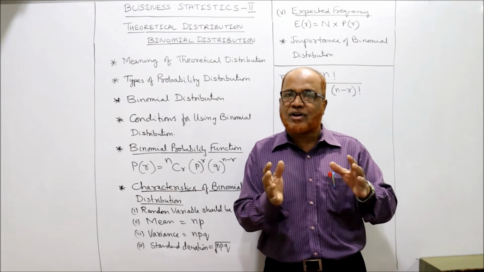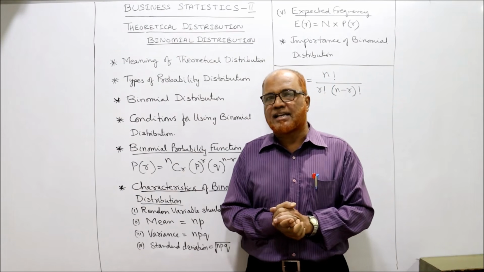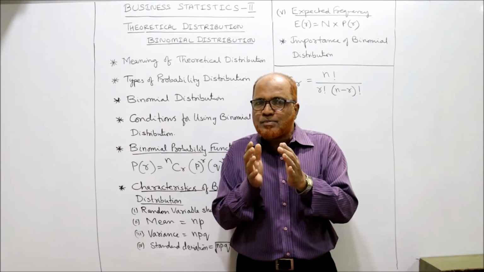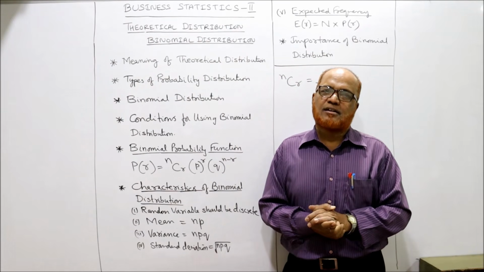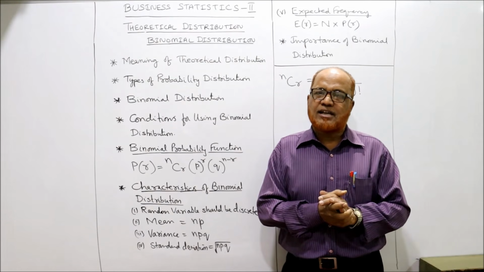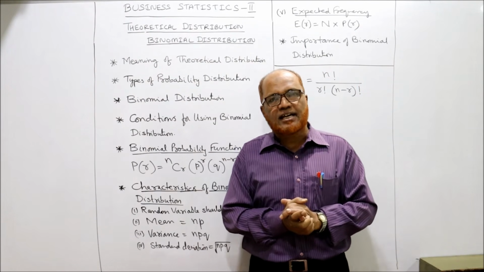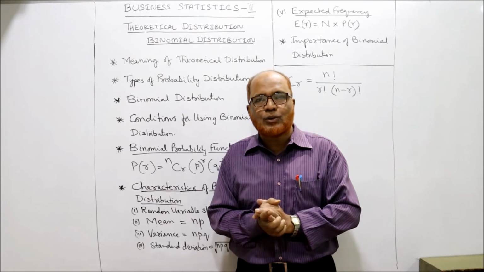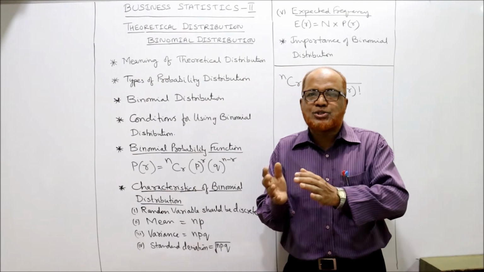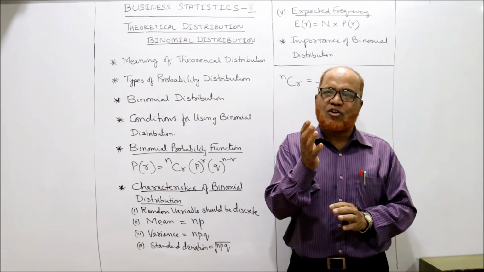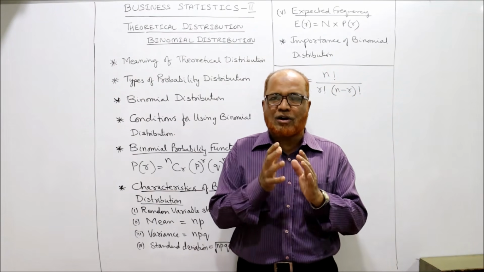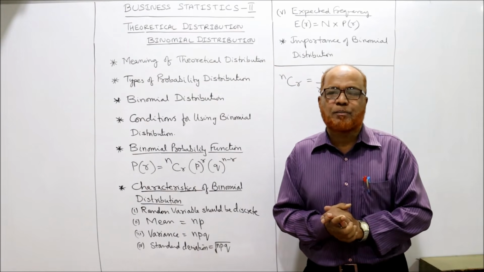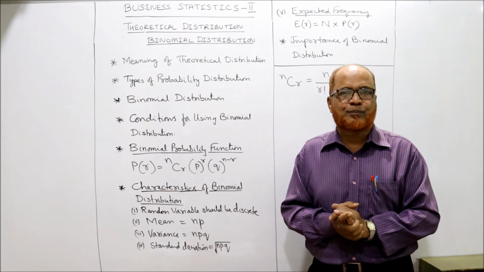Now in Business Statistics 2, advanced topics of statistics: regression analysis, time series analysis, index numbers, probability theory, and theoretical distribution consisting of binomial, Poisson, and normal distribution. These are the topics we are going to cover.